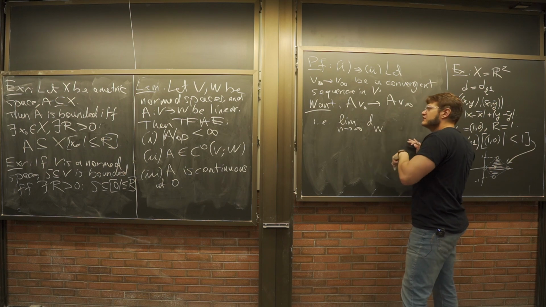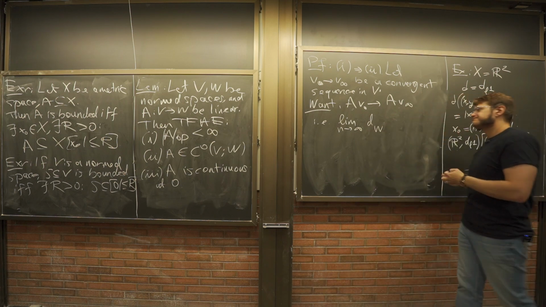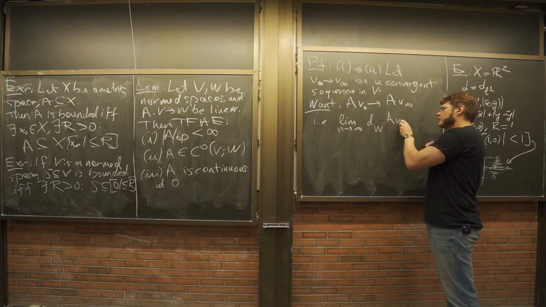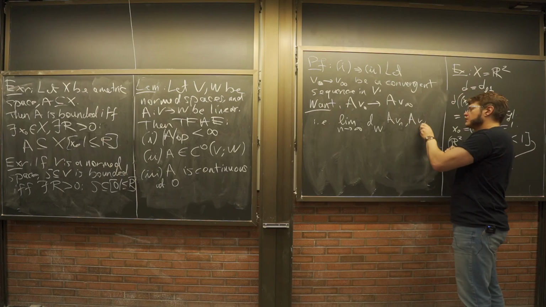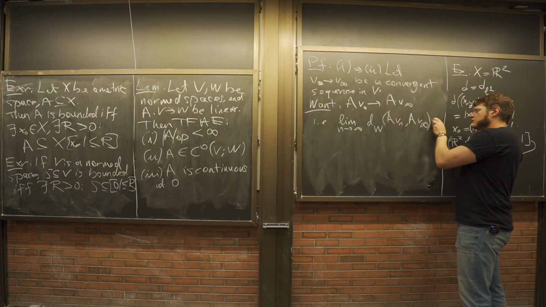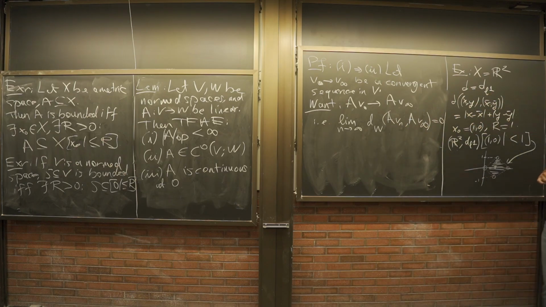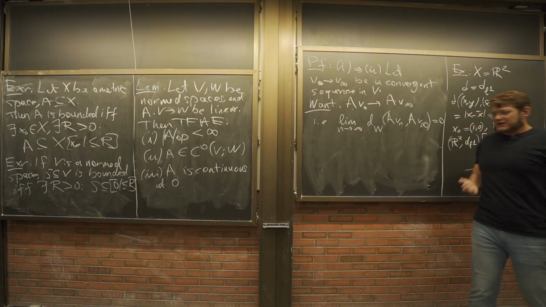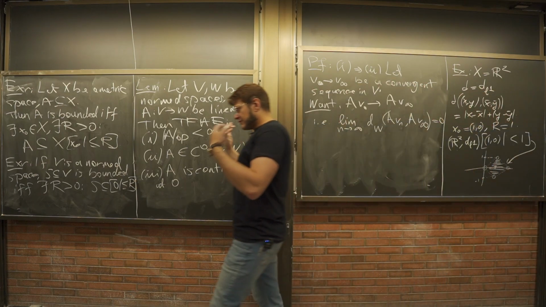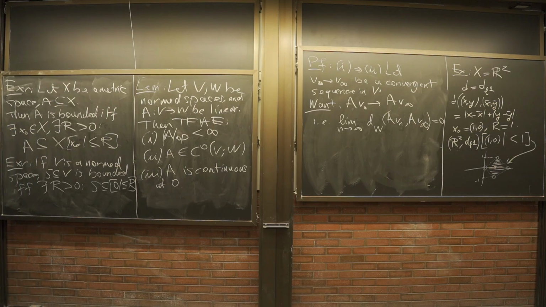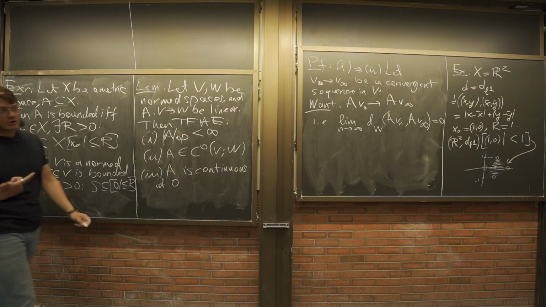This is a distance in W, in the output space. But this distance, d sub W, is not some random distance. It's a distance that is compatible with the linear structure, and in particular with the norm.